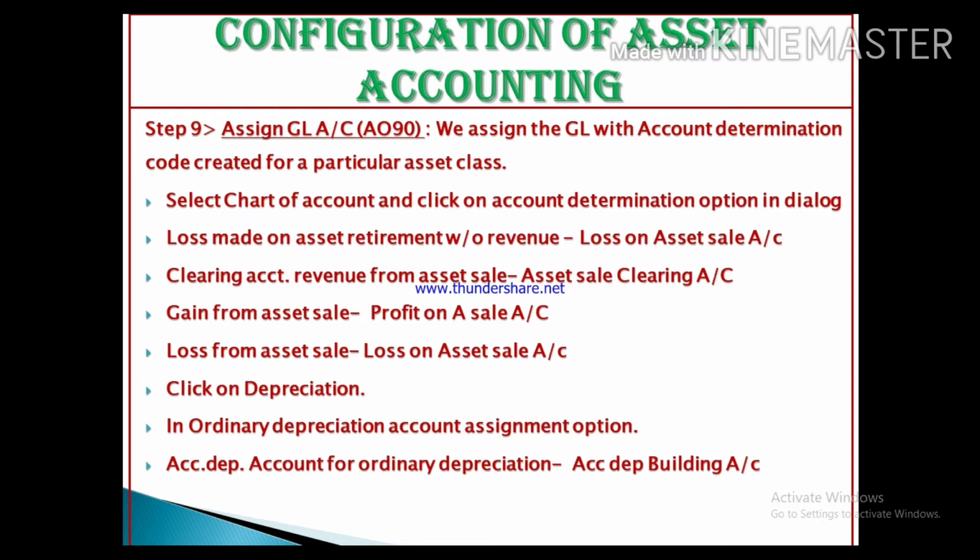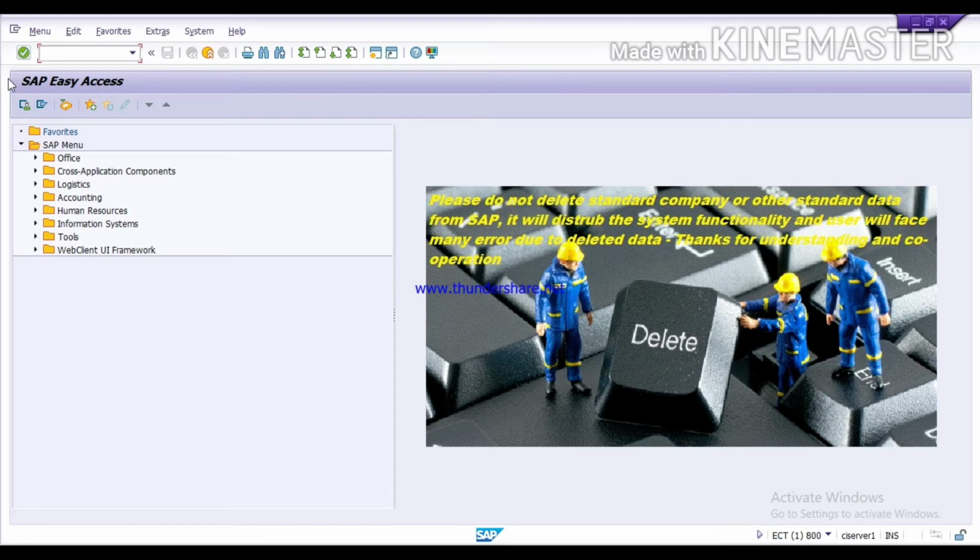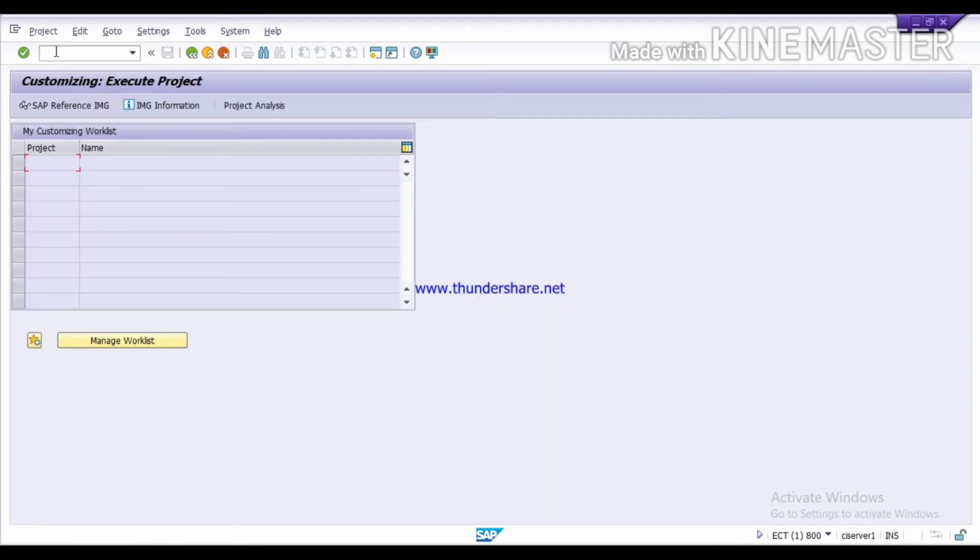So let's go to the SAP screen and do the practical so that it will be more clear. Here you can run the T code directly, or I'll show you the path. Run the T code SPRO. Click on SAP Reference IMG.